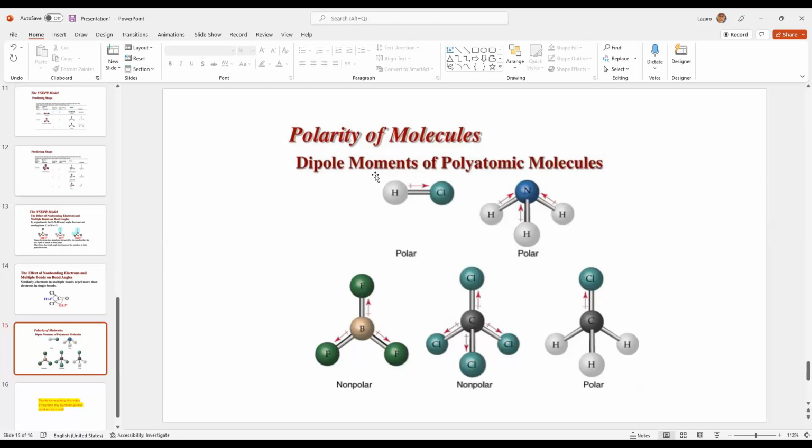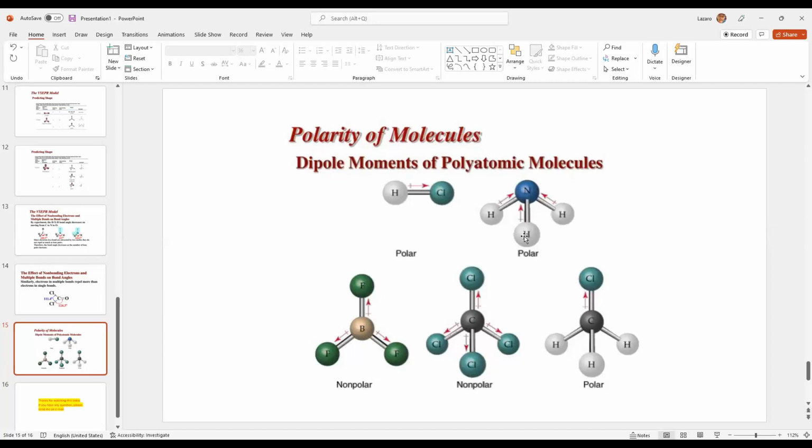So the dipole moment goes in the direction of the more electronegative atom. And this molecule is polar.